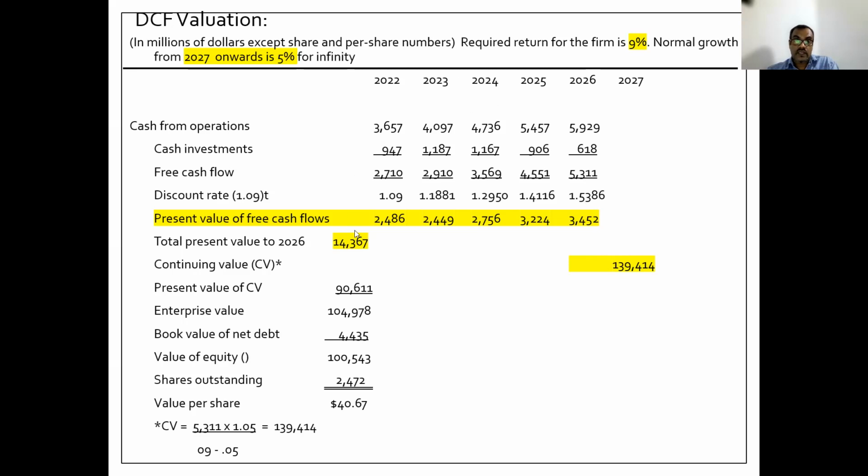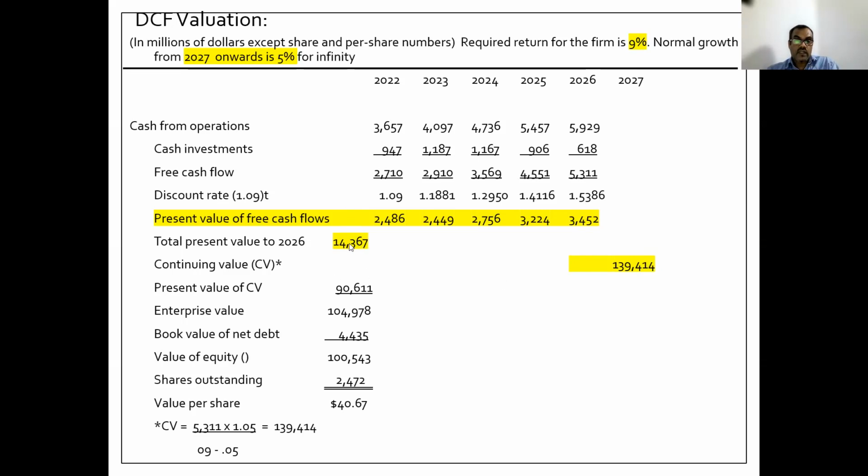After 5 years, if you consider today's situation, this is a cash flow expected to be generated after 5 years, so you have to discount it. 1 plus R to the power of 5, not 6. The discount rate is 9%. Therefore, 1.09 to the power of 5 should give you this value.